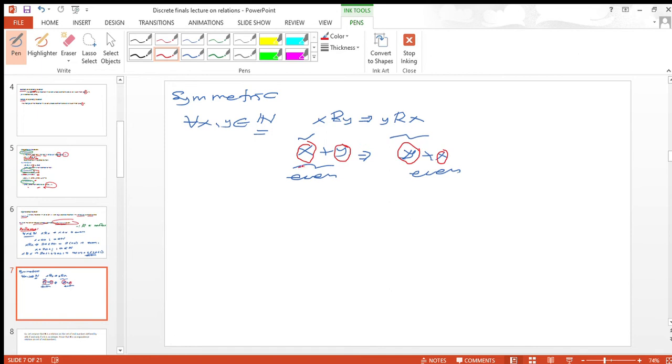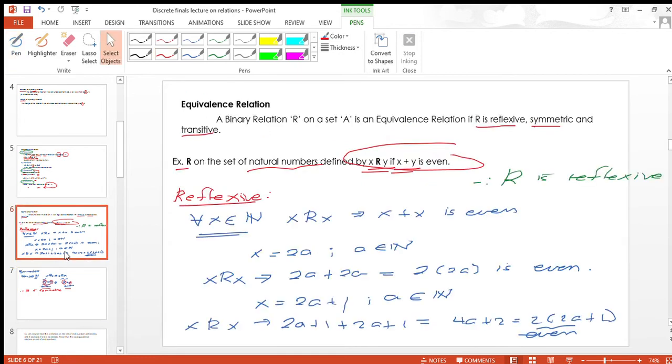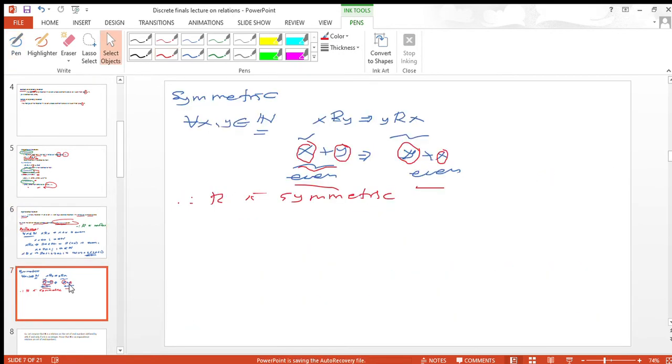Therefore, if x plus y is even, since addition is commutative, if this is even, then this must also be even. Di ba? Clear naman na yung part na yun. Kaya, we can conclude here that, therefore, R is symmetric. Okay?